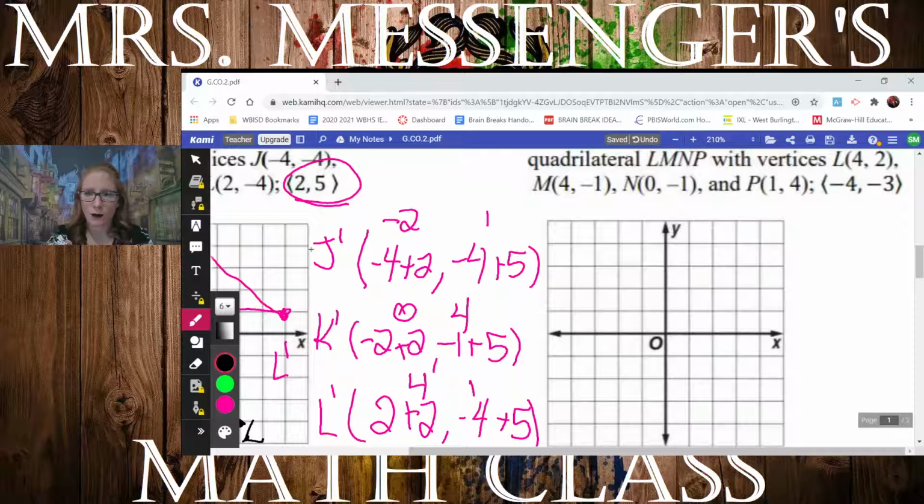L is at 4, 2. And M is at 4, -1. N is at 0, -1. And P is at 1, 4. So we got a little bit of a trapezoid piece going on here.